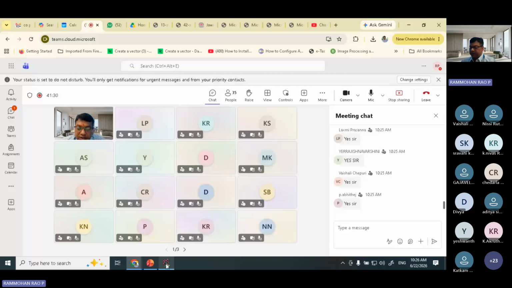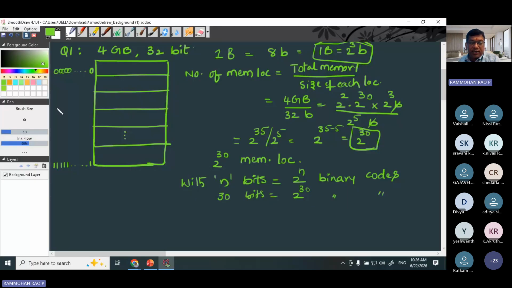Now please observe. I came to a conclusion that I need a 30-bit address, but you know very well the size of each location: 32-bit, 32-bit, 32-bit, like that. Every location is 32-bit because we divided it such that every piece is 32-bit, since my processor can process a maximum of 32 bits.